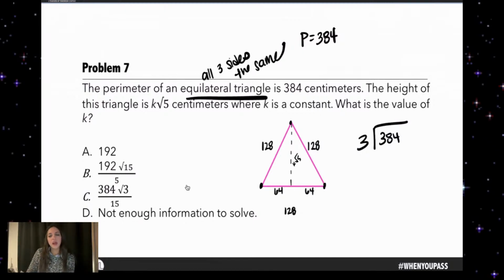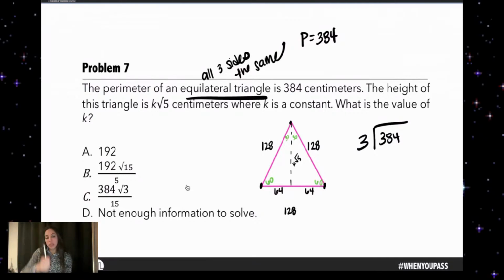Now, what else do I know about an equilateral triangle? I know that the angles all equal 60 degrees. So if this is 60 and this is 60, then this has to be 30 and 30, right?